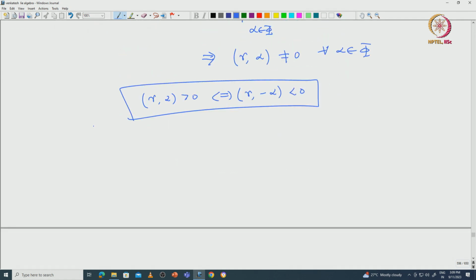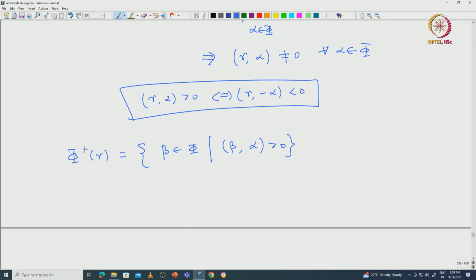This motivates us to define what is called phi plus of gamma. What is phi plus of gamma? This is those betas inside phi such that the inner product of beta and gamma is positive.